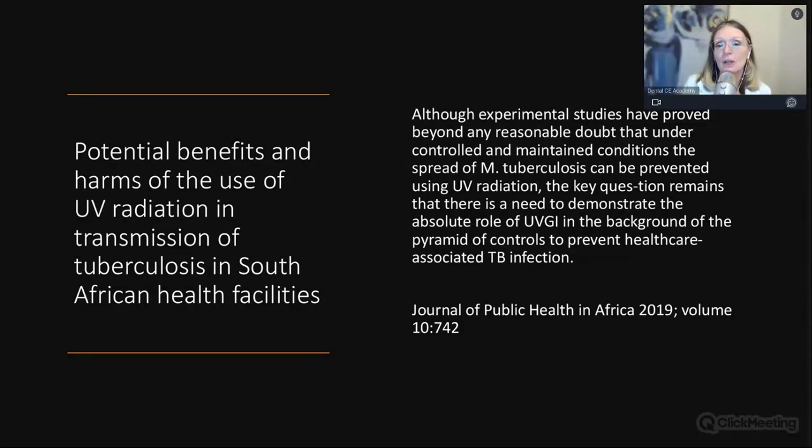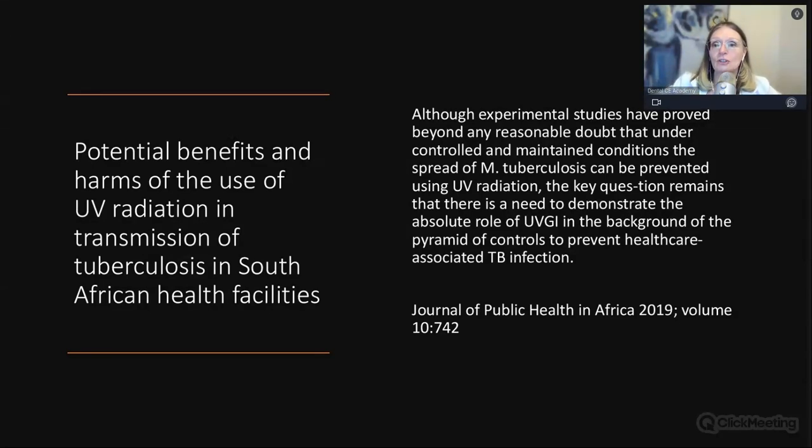Another study here that was published in the Journal of Public Health in Africa, 2019, potential benefits and harms of the use of UV radiation in the transmission of tuberculosis in South African health facilities. And these were experimental studies, although we know they have proved beyond any reasonable doubt that under controlled and maintained conditions, they were looking at Mycobacterium tuberculosis in this situation, can be prevented using UV radiation.